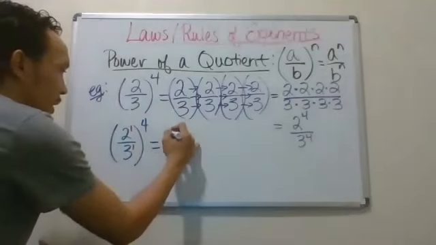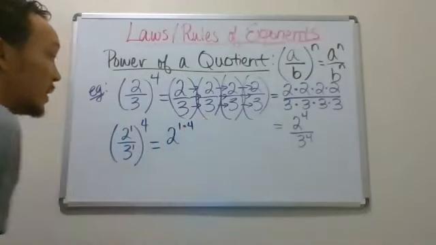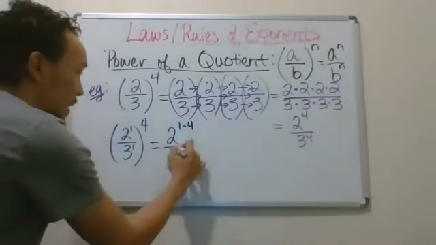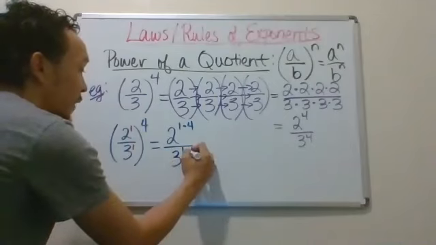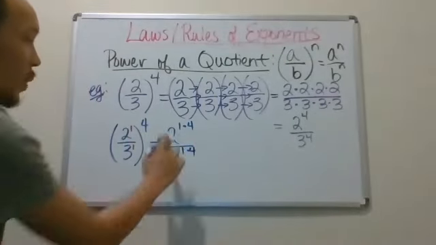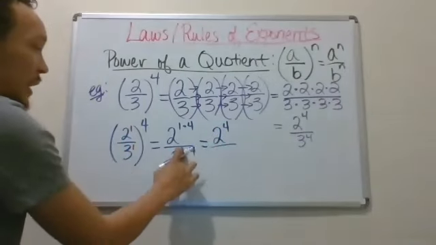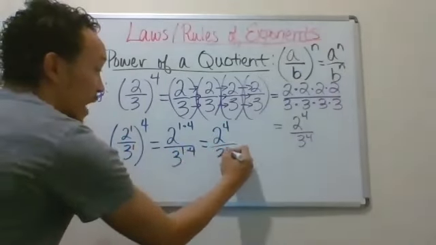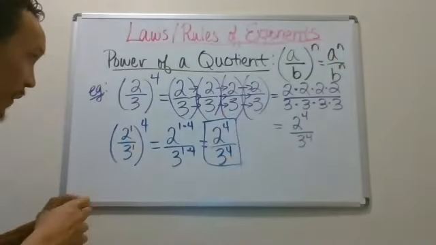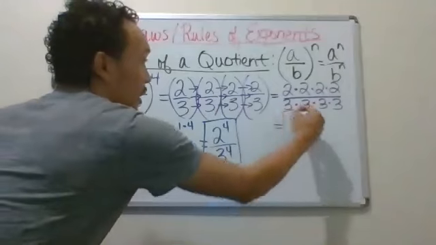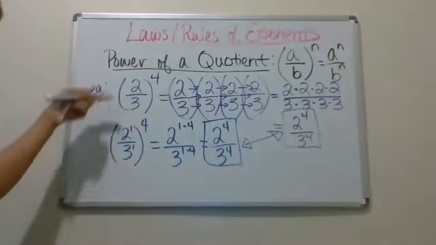And what we're going to do is say 2 raised to the 1st times 4 is the exact same thing as divided by 3 raised to the 1st times 4. And 1 times 4 gives us a value of 4. So as we can see, my answer here and my answer here are exactly the same. All right, so it works.